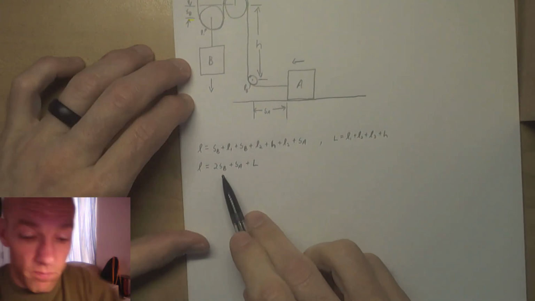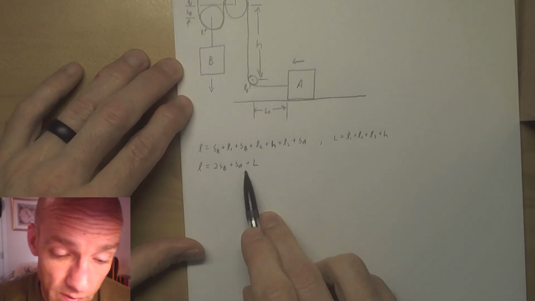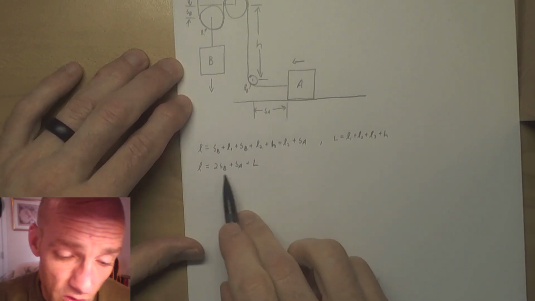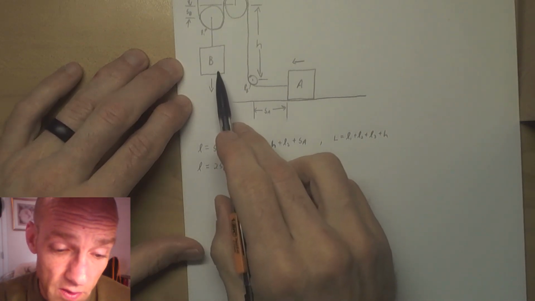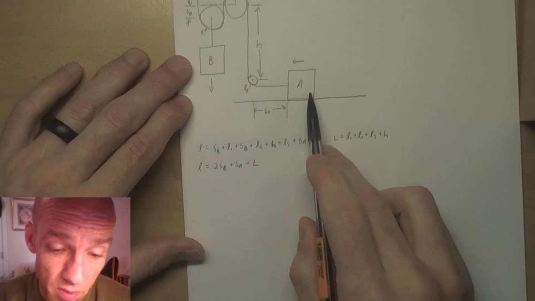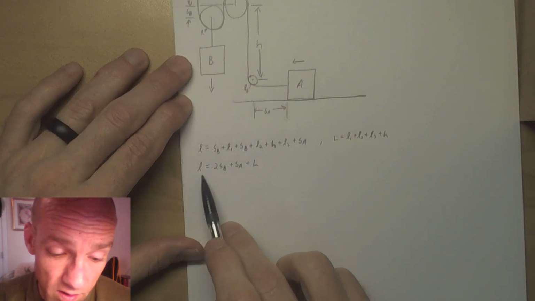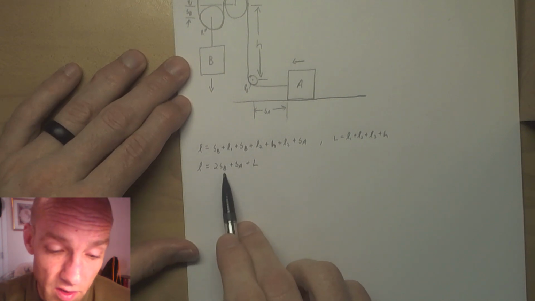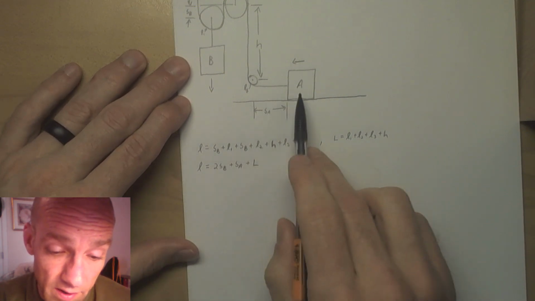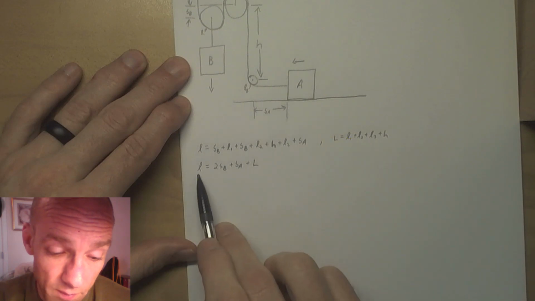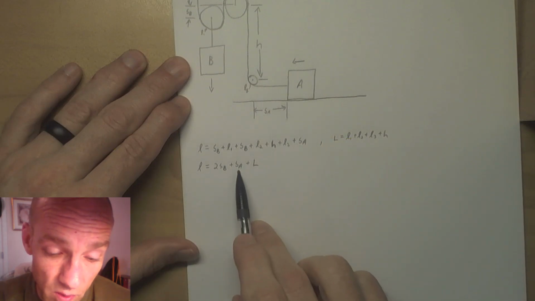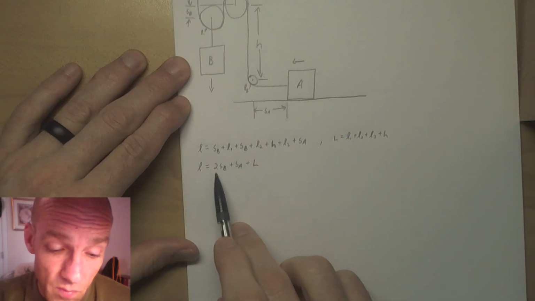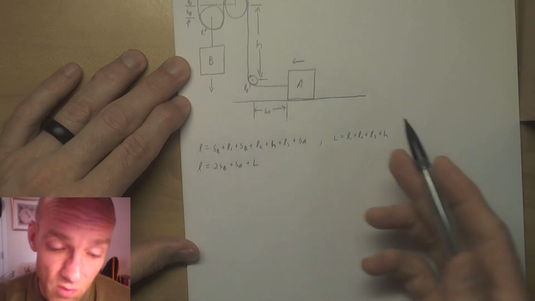This tells you exactly how the position of B is related to the position of A. You can start seeing some insight into what's going to wind up. L is constant and the cable length is constant, so 2SB plus SA is going to equal a constant.